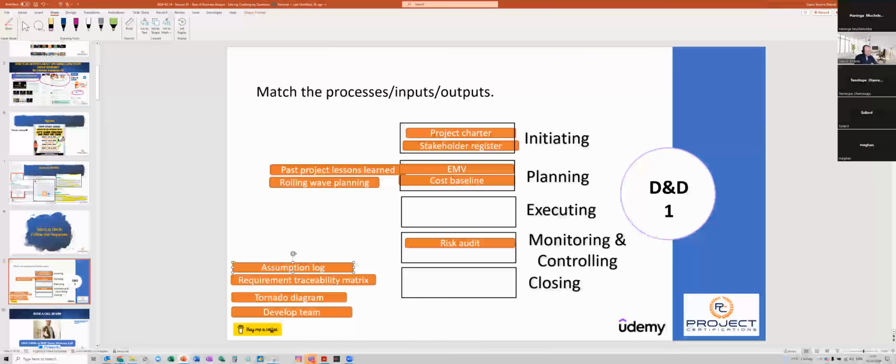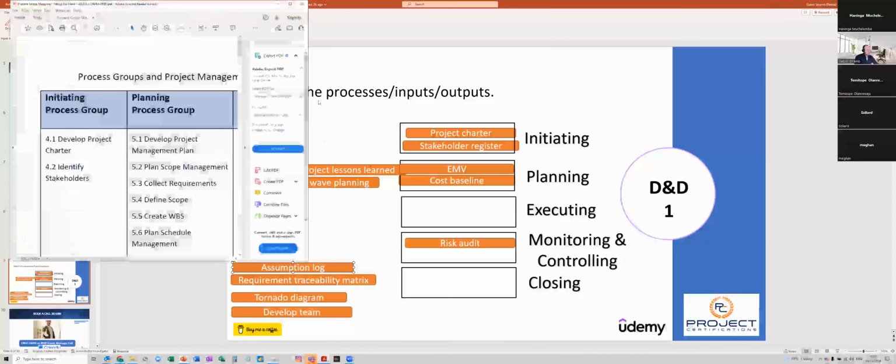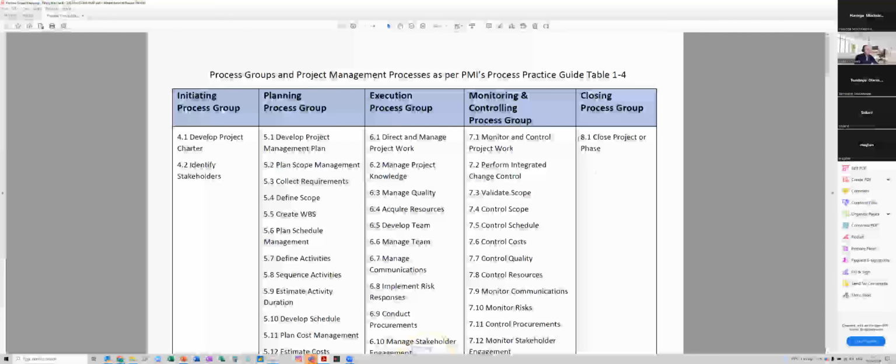I think developing the team is also in the initiating. Aha. Now, this one is also tricky, because if I go here again into the processes, as you can see, developing the team is part of execution. And you're going to ask the question why? Because here, we're developing the project charter, nominating the project manager, but does that mean that the PM is on his own in the planning?